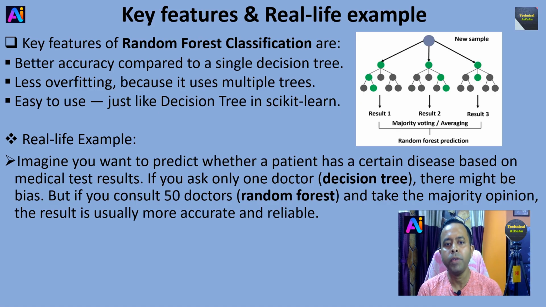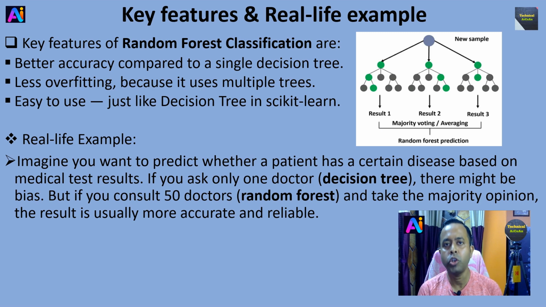If you ask only one doctor, like one decision tree, there might be bias. But if you consult 50 doctors, like a random forest classification model, and take the majority opinion, the result is usually more accurate and reliable, and the prediction more stable.